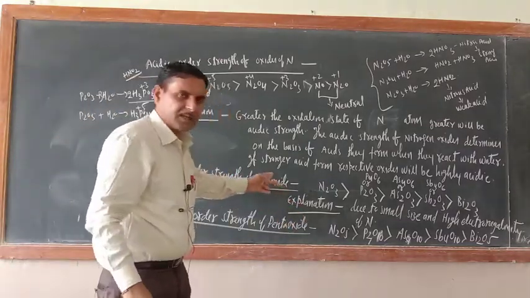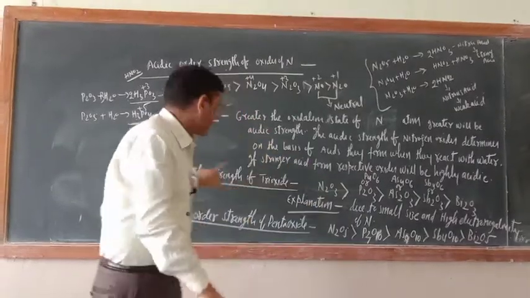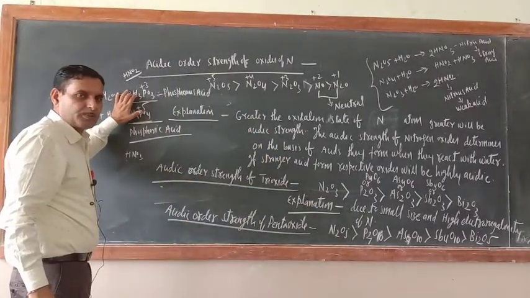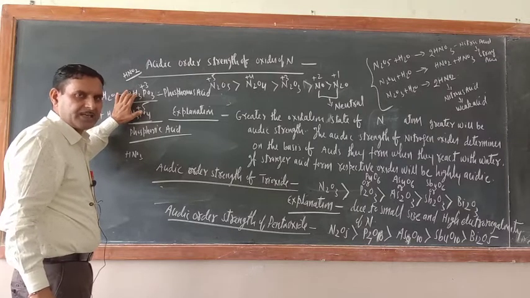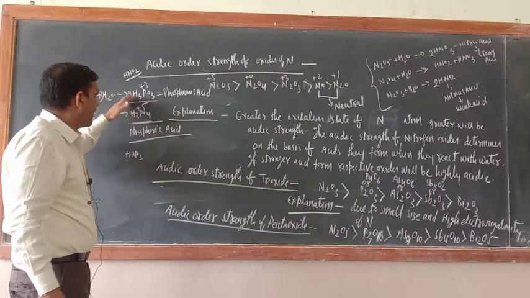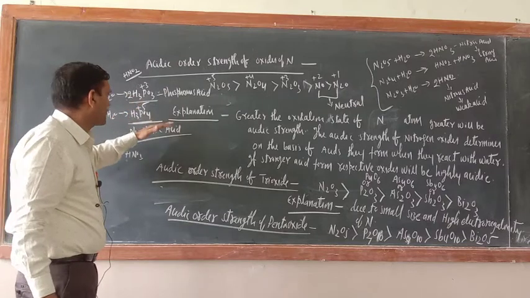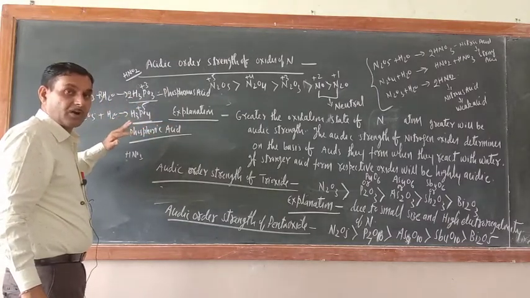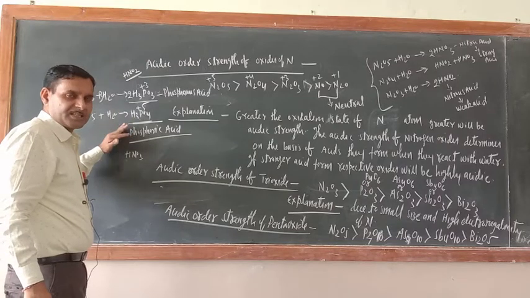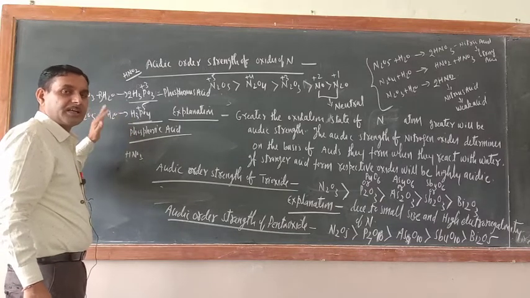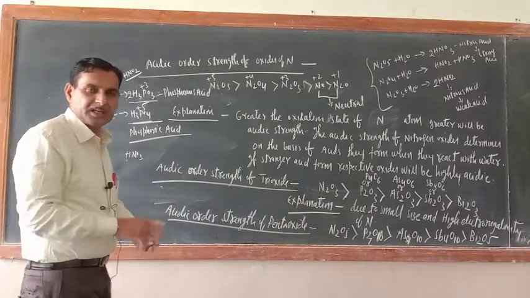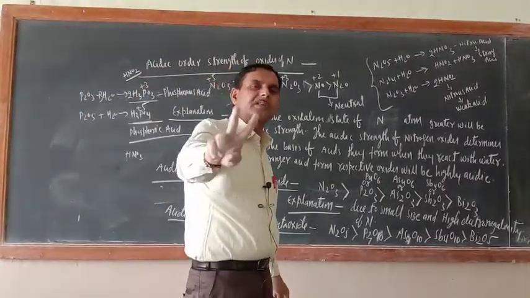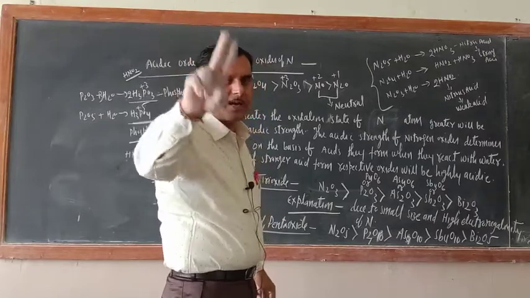Please remember the reactions of these oxides with water, because phosphorus oxoacids are in the syllabus, and phosphorus acid and phosphoric acid have a lot of importance, because their structures and so many other things, even these reactions, are asked. So remember: when N2O5 reacts with water, nitric acid is formed.